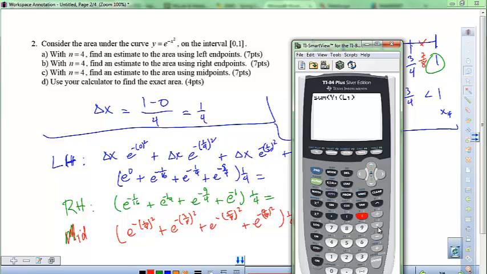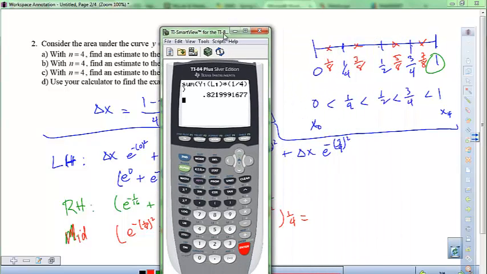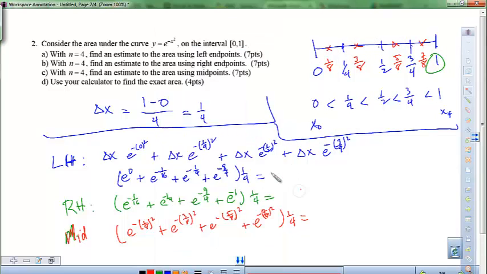So let's say times, and just because we're dealing with fractions, I want to be safe and put parentheses around 1/4. Close the parentheses, and we can close the sum function as well. And we'll press enter. So it looks like our value for this is 821.9 or 822. So let's make a note of that.